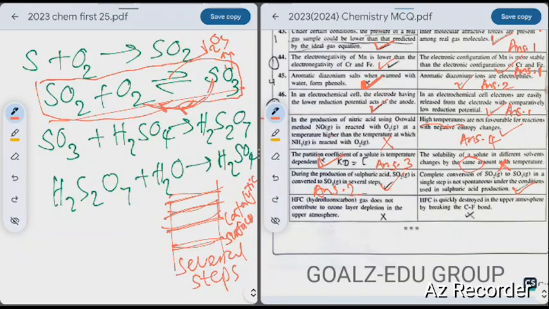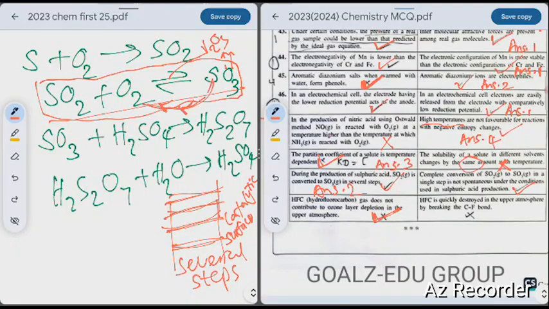Next one, the last question. HFC, hydrofluorocarbon gas, does not contribute to ozone layer depletion in the upper atmosphere. That is correct. Why does HFC not contribute to ozone layer depletion?